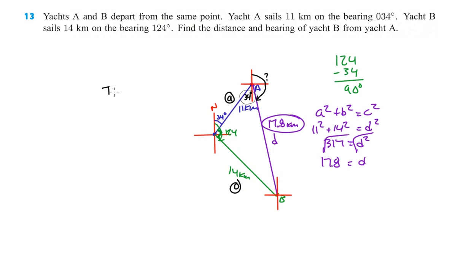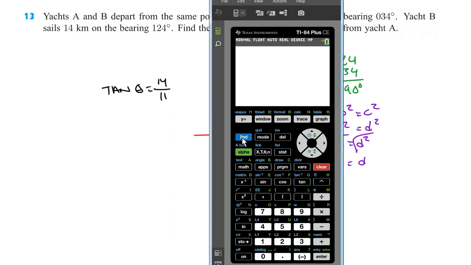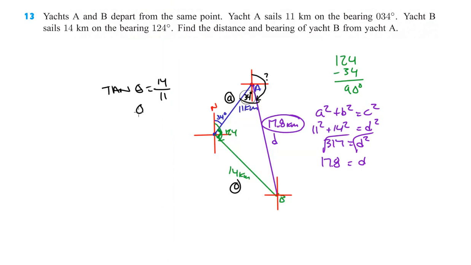So the tangent of this whole angle is going to be opposite, which is 14, over adjacent, which is 11. So to find an angle, we do inverse tangent of 14 divided by 11, not 1. Inverse tangent of 14 divided by 11. There we go. And we get 51.8, we'll call it.